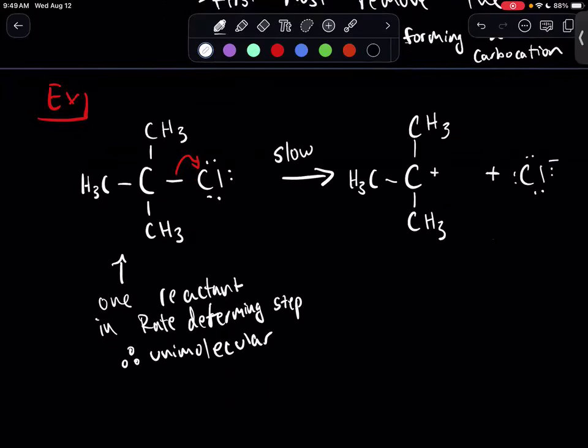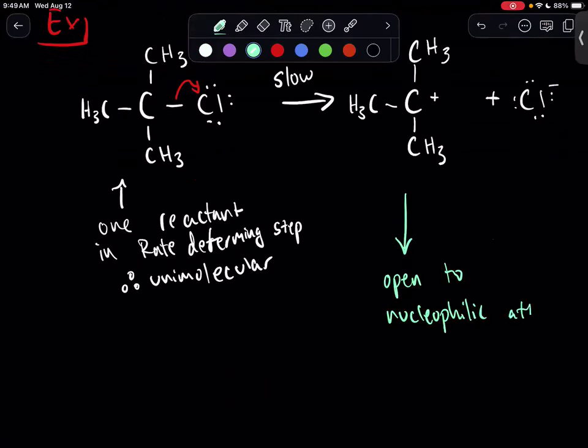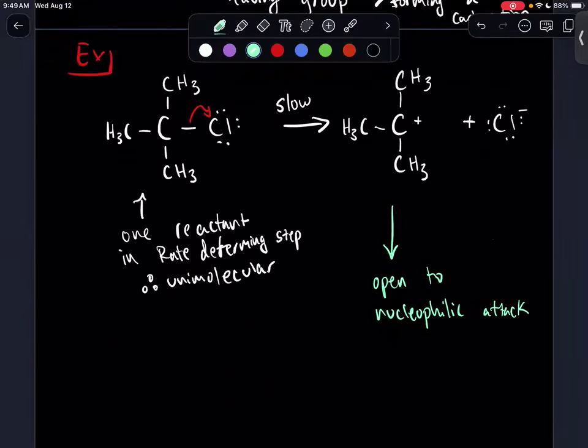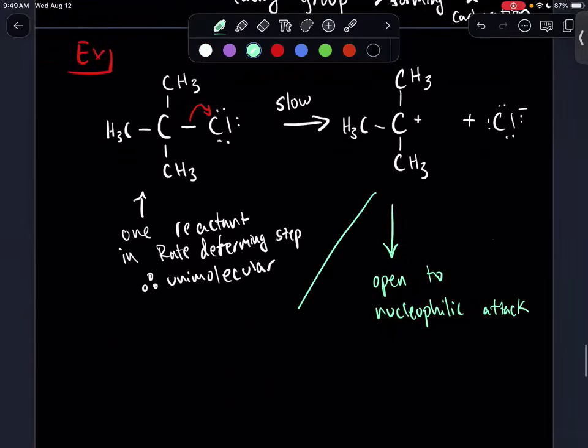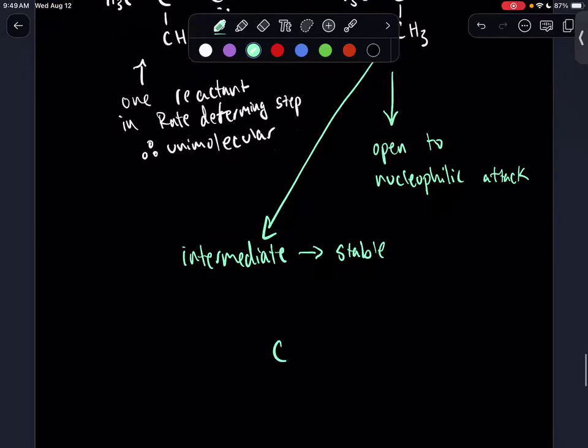So now that we have this carbocation, we are now open to nucleophilic attack. Something I want to point out before we take a step further is this is specifically an intermediate. This is stable. And if we look at the carbocation, which I'm going to simplify just using R groups, it has 3 bonds, meaning that this is trigonal planar.